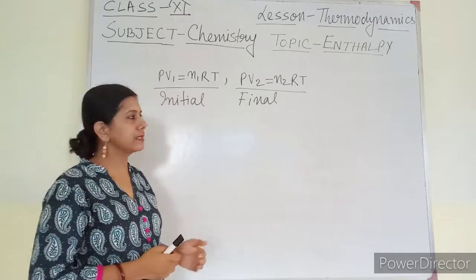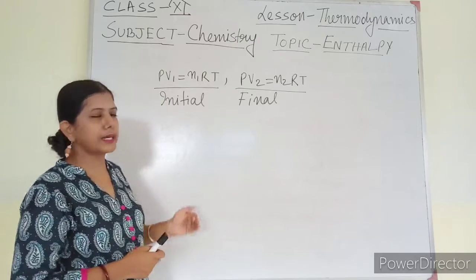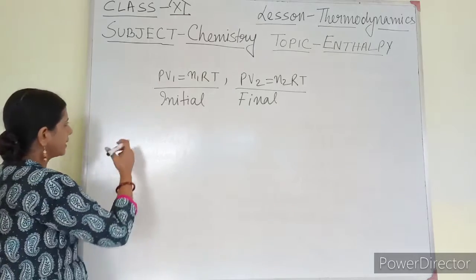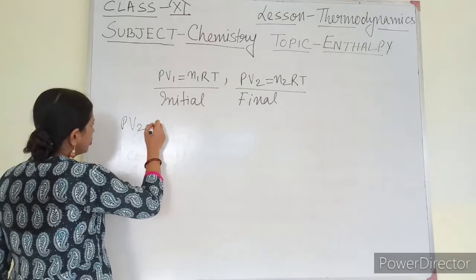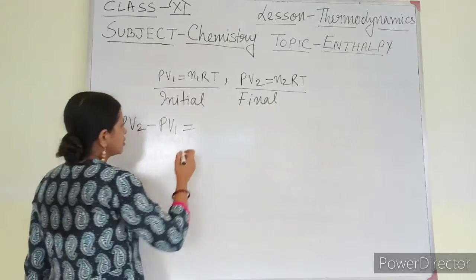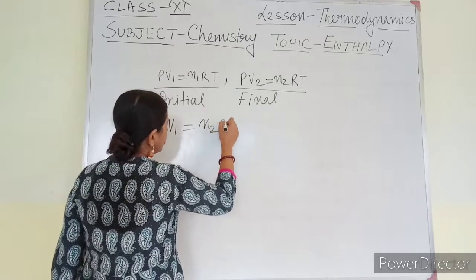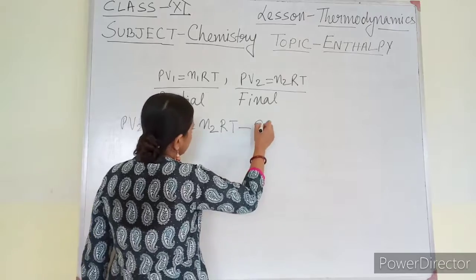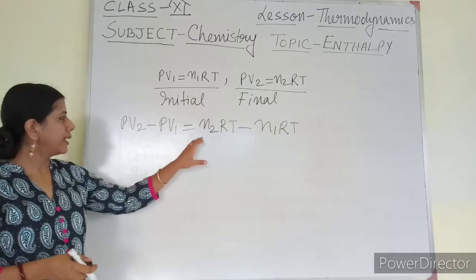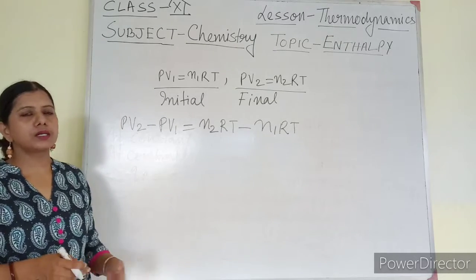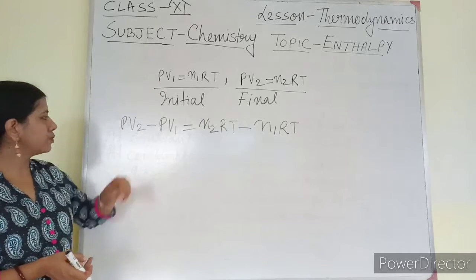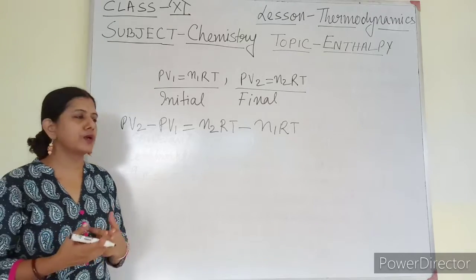Now I can write PV2 minus PV1, final minus initial, so it is N2RT minus N1RT. Now N2 minus N1 is the change in number of moles and V2 minus V1 is the change in volume.